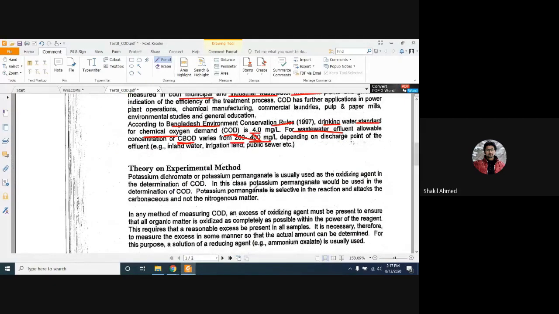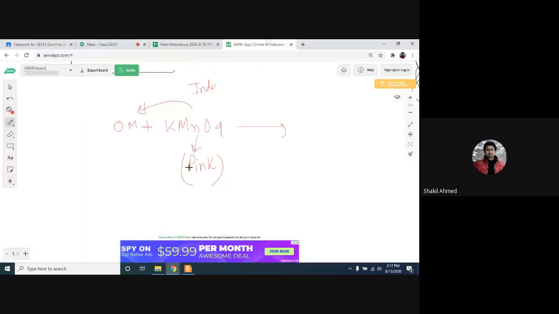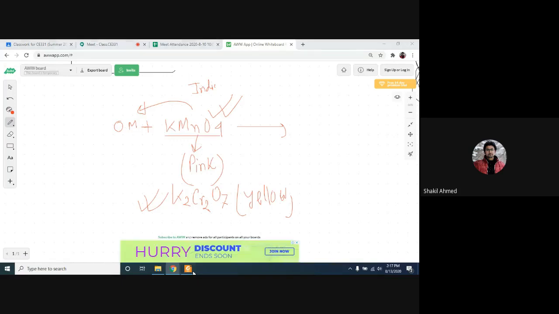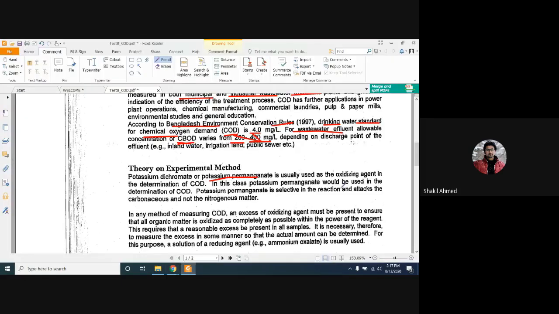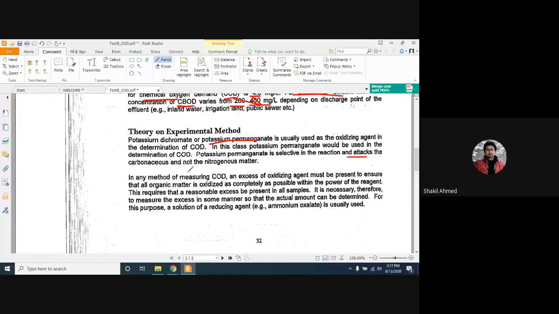You can also use potassium dichromate. This is basically yellowish color, I believe. But here we will use potassium permanganate. Some people may also use this color. So they attack the carbonaceous and not the nitrogenous matter.